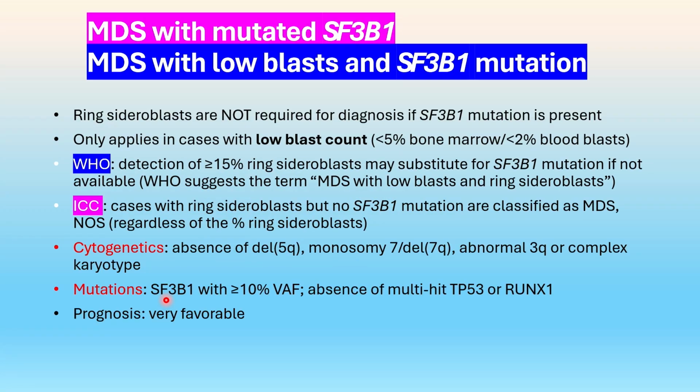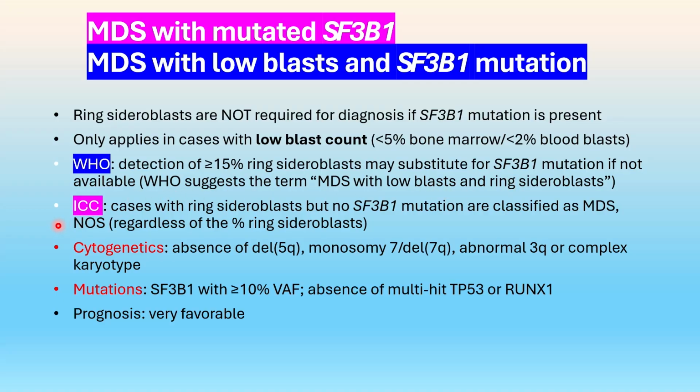The next entity I'll mention is MDS with mutated SF3B1. Again, the WHO definition very helpfully reminds us this has to have low blasts: less than 5% in bone marrow and less than 2% in blood. WHO says that if you have more than 15% ring sideroblasts, it may substitute for SF3B1 mutation if it's not available.